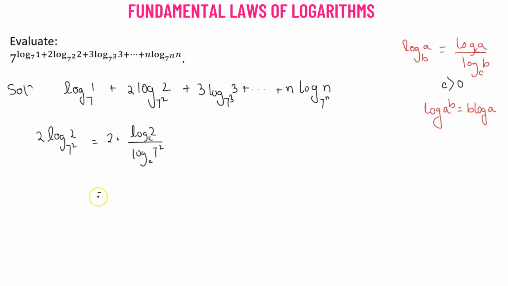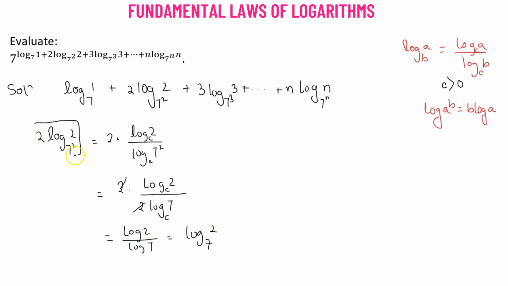Now that means we have 2 times log of 2 with a base of c divided by 2 times log of 7 with a base of c in the denominator. That means this 2 and this 2 cancel out. This gives us log of 2 divided by log of 7, or simply log 2 with a base of 7. So 2 times log of 2 with a base of 7 squared simplifies to log 2 to base 7.